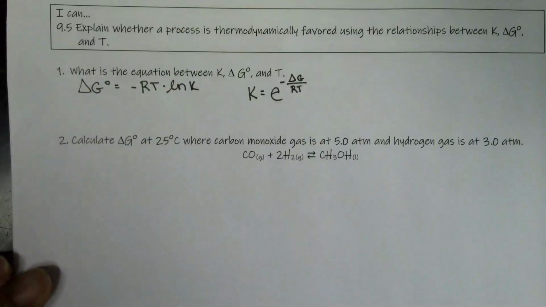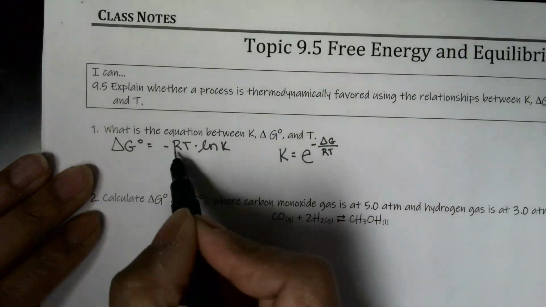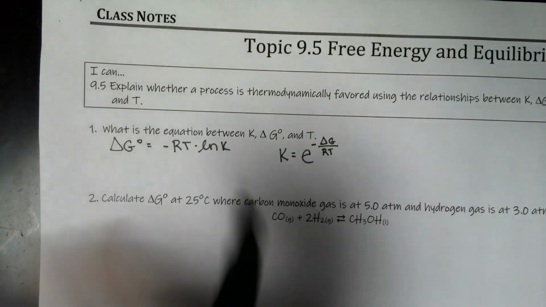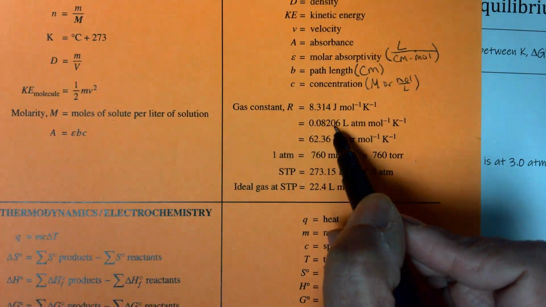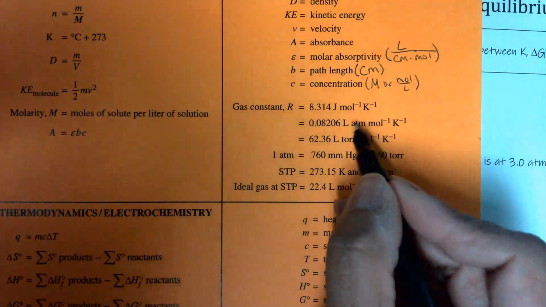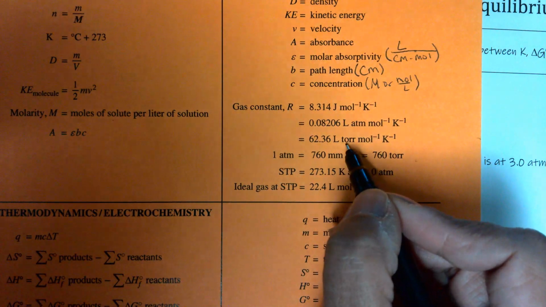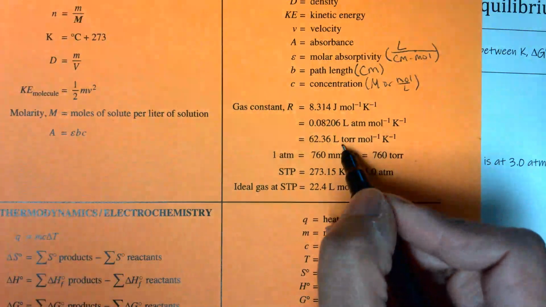All right, so taking a look at number one. Let's go back to R. R we know as being one of the constants. It was our gas constant when we used 0.08206 liters times ATM over mole times Kelvin. And then we had torr instead of ATM, so that was 62.36. These two equations we used for gases.